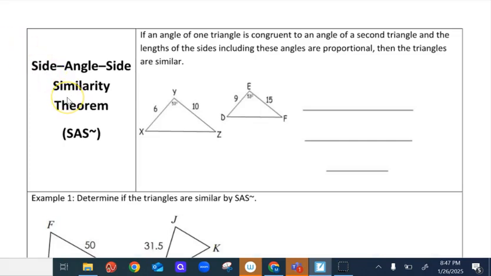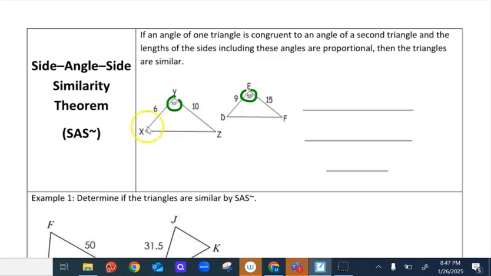And then the final thing we're going to look at is the side angle side similarity theorem. If an angle of one triangle is congruent to an angle of a second, and the lengths of the sides that include those angles are proportional, then those triangles are similar.